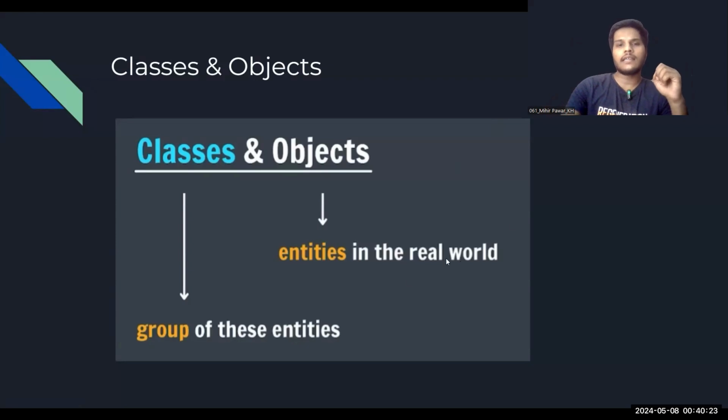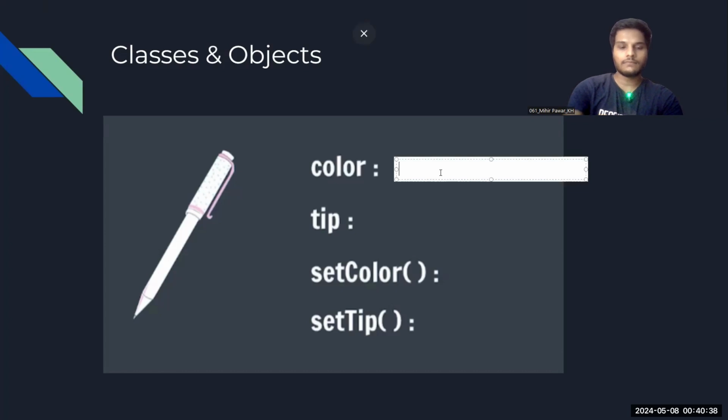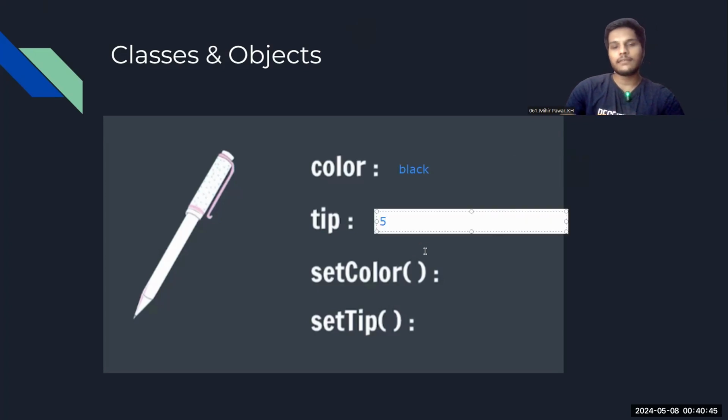For this, let's take an example. Let's say I have a pen in my hand. This pen has color black, and it also has a tip, let's say 5 mm. So we'll write here: color is black and tip size is 5.